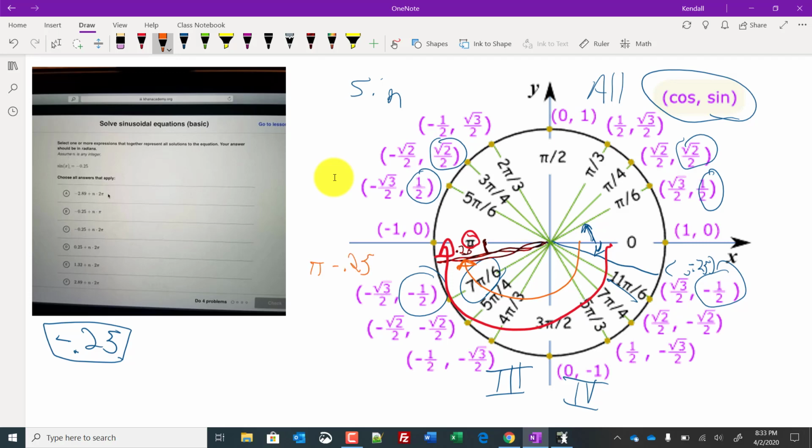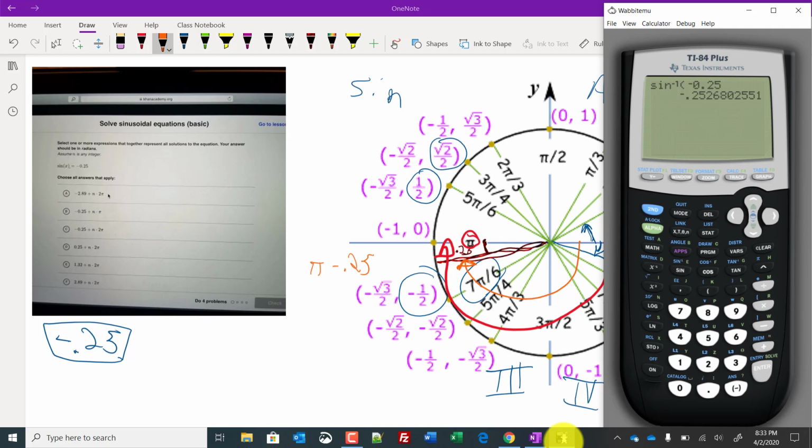If we do pi minus 0.25 on our calculator, that's second, the up caret sign for pi, minus 0.25, we get 2.89. Now if we go back and look at our answers, we have a 2.89 for F, and we have a negative 2.89 for A. So it could be one of those. Should it be positive or negative?